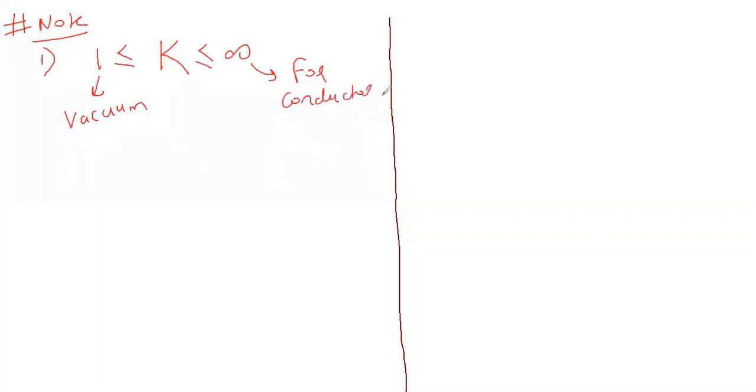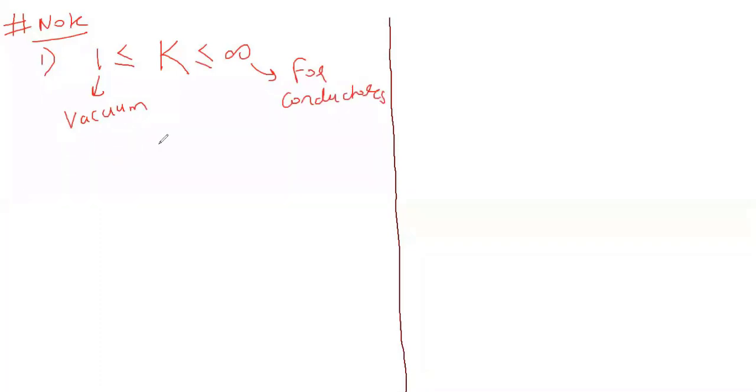First, the value of the dielectric constant, that is capital K, varies from 1 to infinity. Now this 1 is the case when we have vacuum. Infinity is for conductors. For conductors it will be infinity.